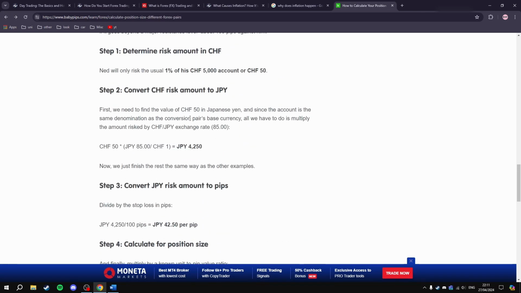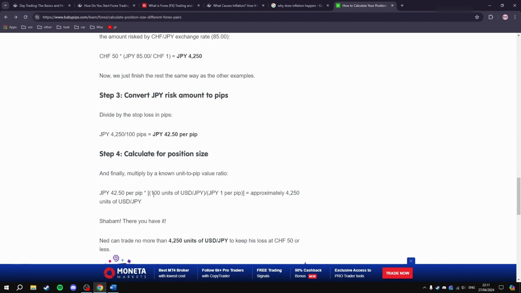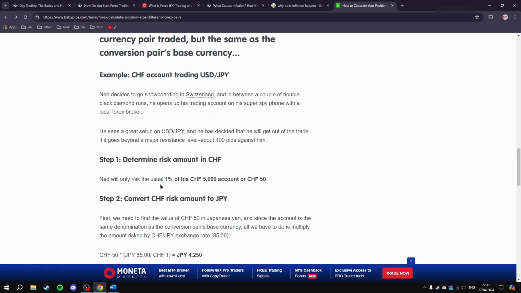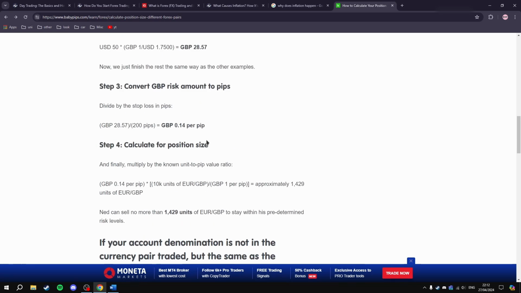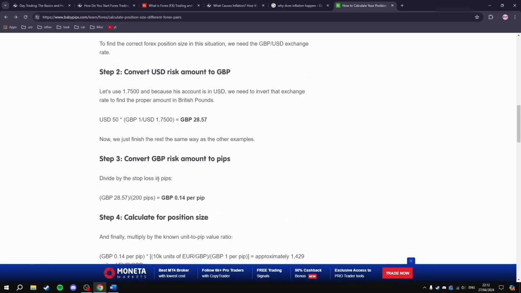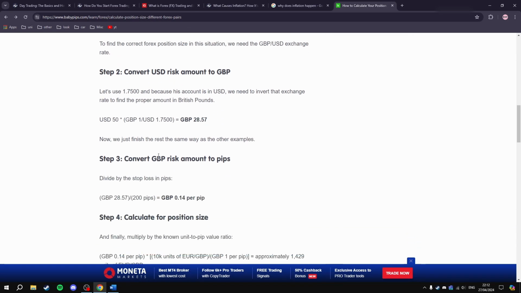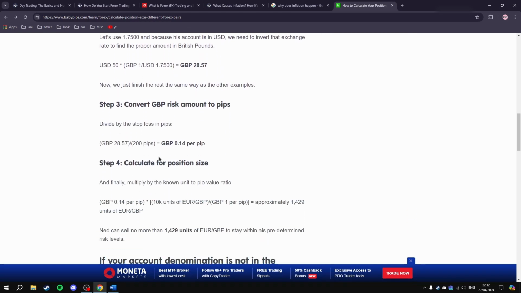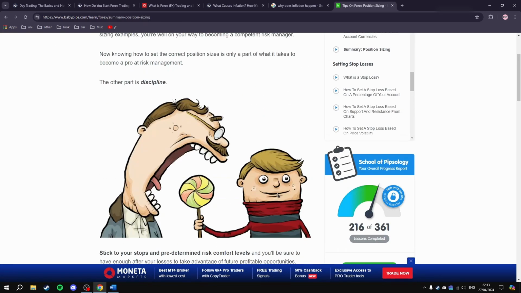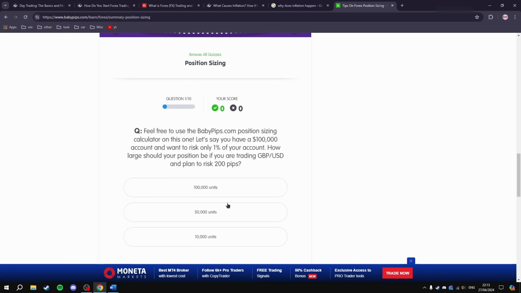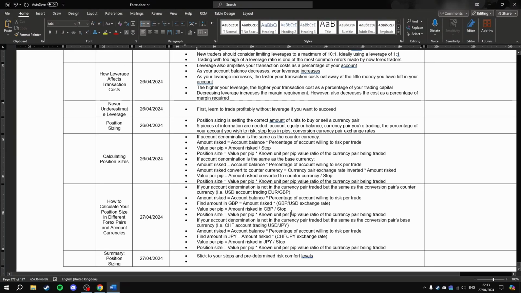Wait, how do you know it's 100 units though? Why would you use 10k here? 10k units. Yeah, I don't really know how, but it's probably 50,000. But how would you know whether to use 10k or 100 though?